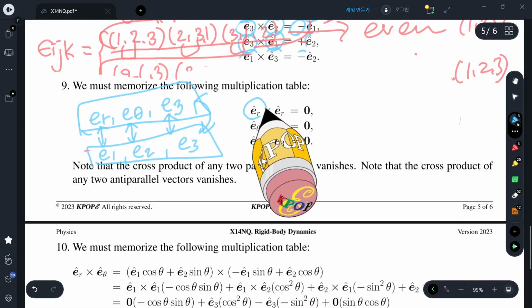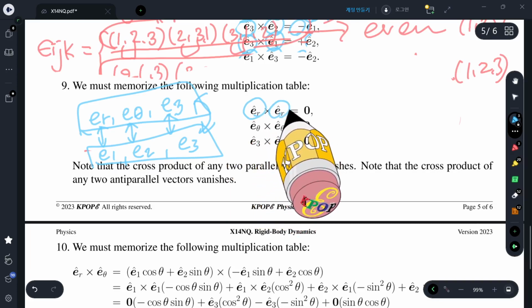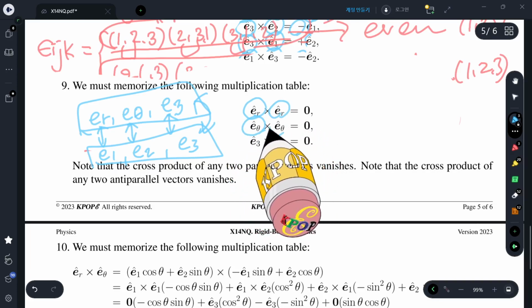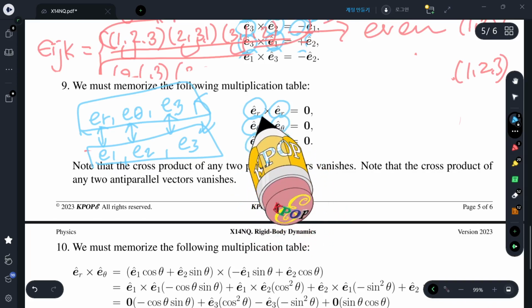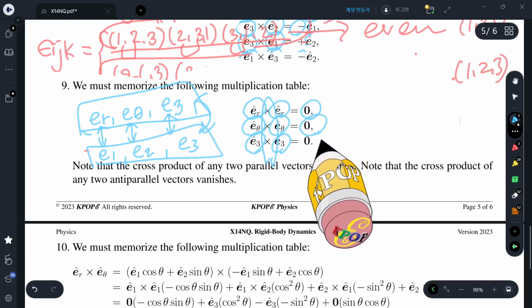Again, E r cross E r, same thing; E theta, same thing; E3, E3, their cross products are always 0.